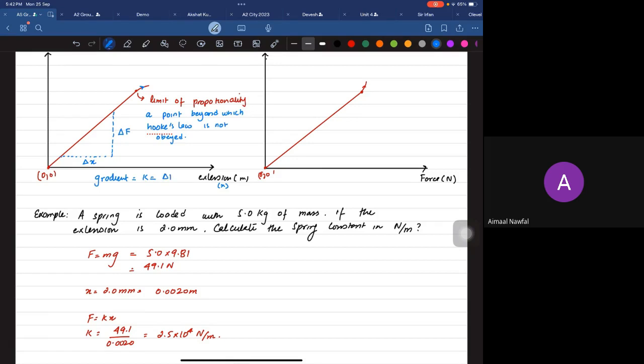If you find the gradient of the graph the other way, with extension against force, then it's going to give you change in x over change in F. Do not be alarmed. It is just basically 1 upon k, because k is force over extension. You guys get it? So it really depends what gradient you're looking at when you're finding it from the graph. So you can add that in your notes.